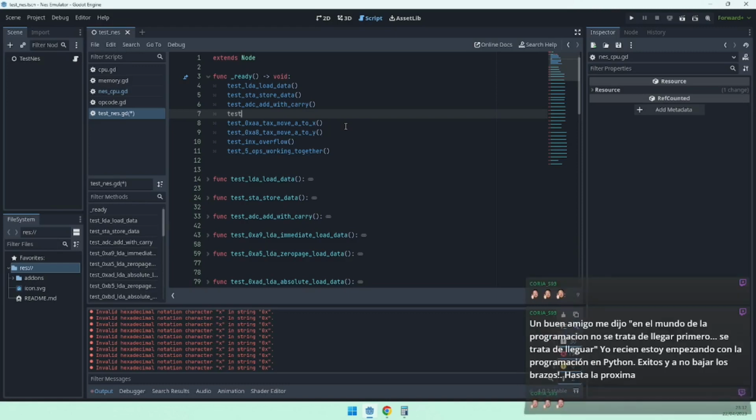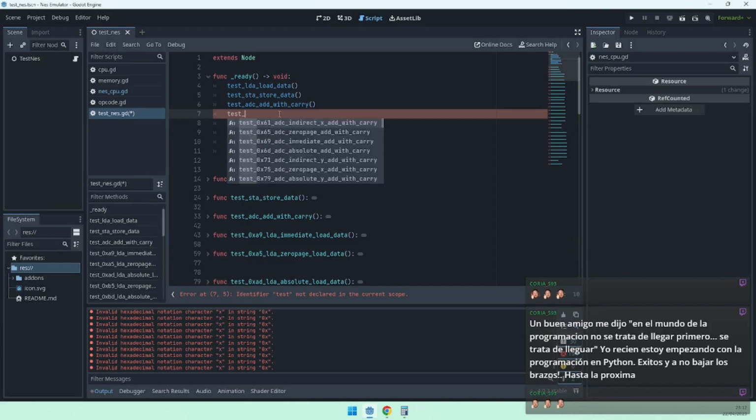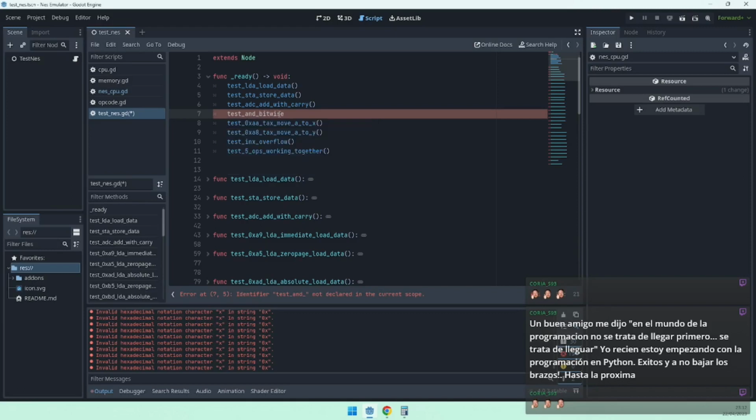Moving on. Test and oh, my keyboard is misconfigured. Let's fix that. There we go. Test and bitwise operator.